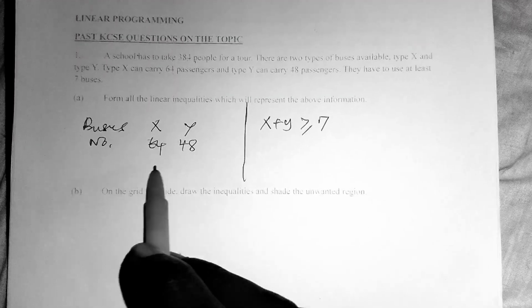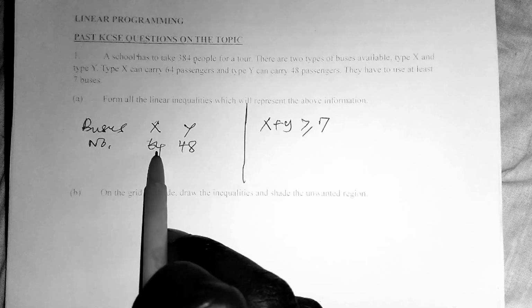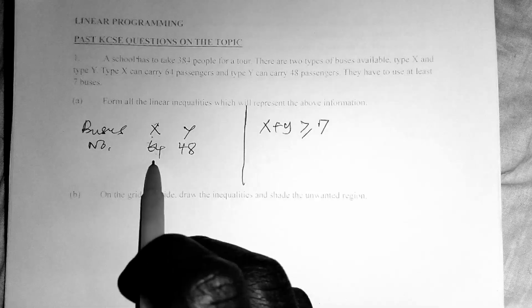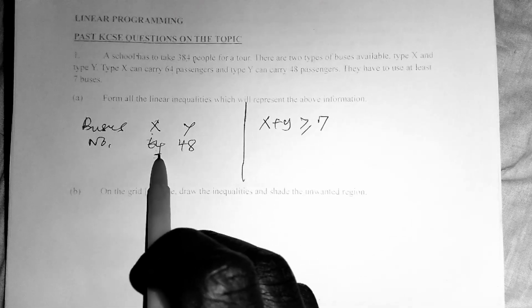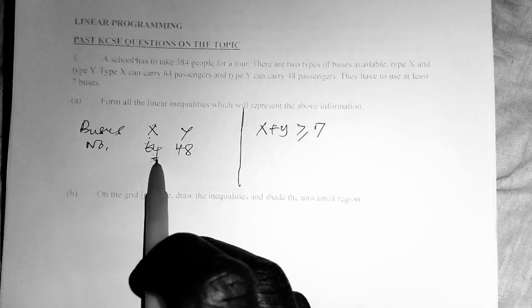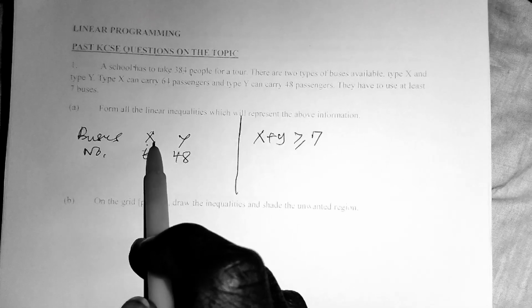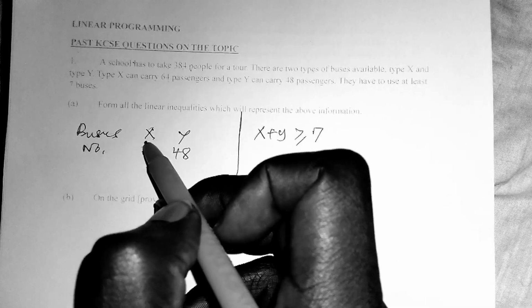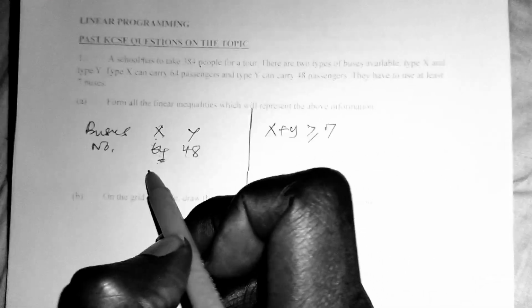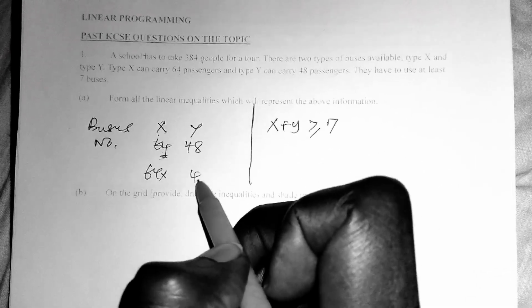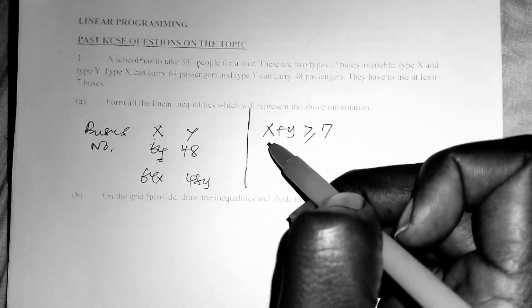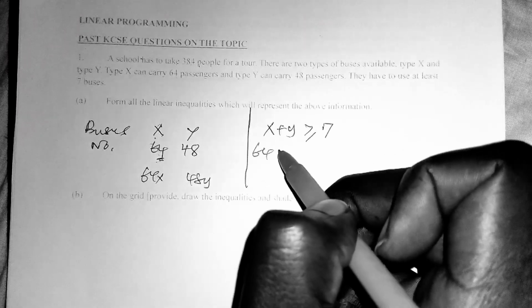Then one bus X can carry 64, so the total number of people that can be carried by type X buses will be 64X, and this one will be 48Y. So the total number of passengers will be 64X plus 48Y.